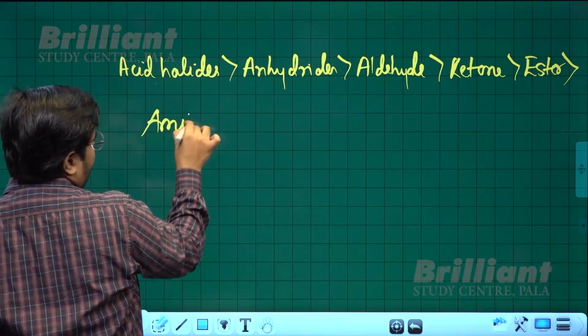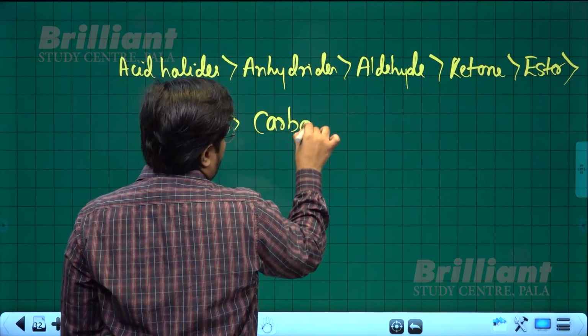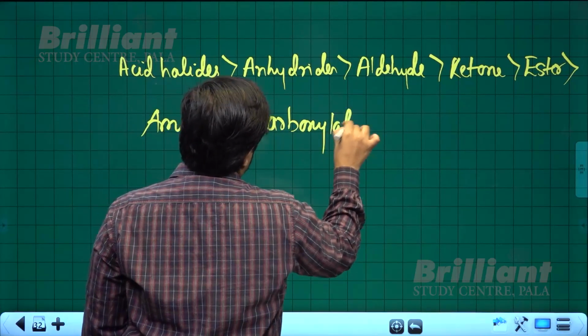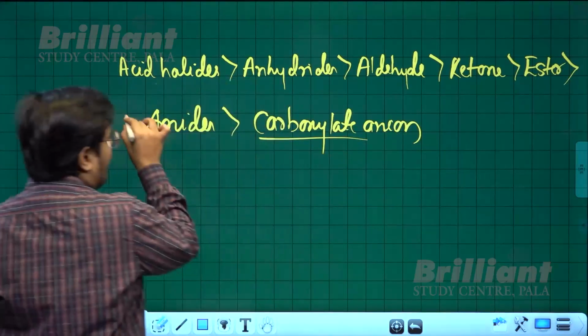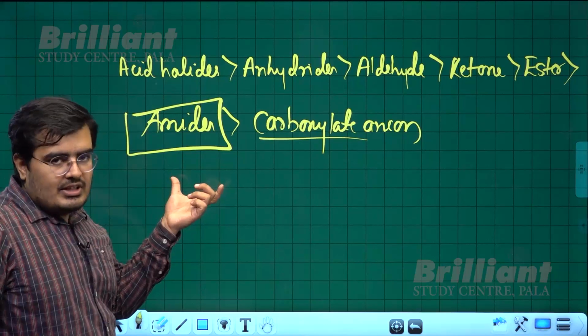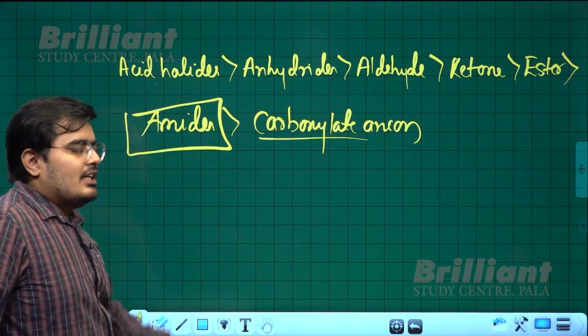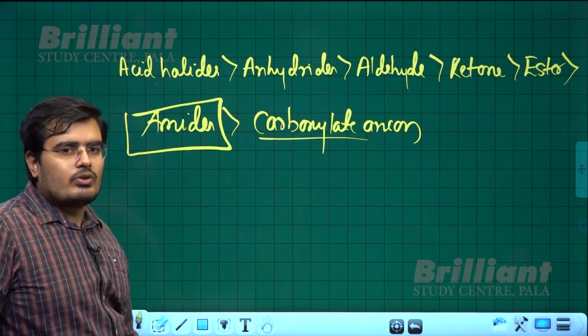After amides, if you want, you can write a carboxylate anion. If you are not considering the carboxylate anion, then you can say amide is the least reactive carboxylic acid derivative, or acid halide is the most reactive carboxylic acid derivative towards a nucleophile.